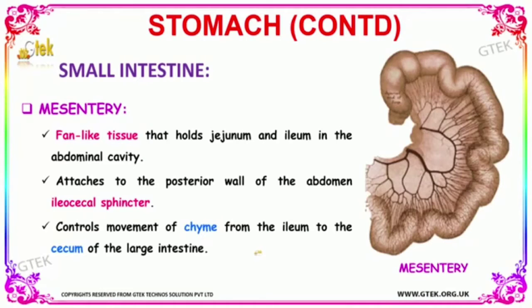So this is how your small intestine is bound together in a particular shape with the fan-like tissue known as your mesentery. Here you can see how the mesentery will look.